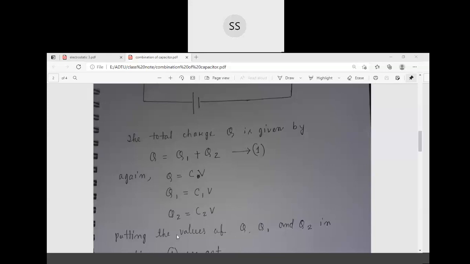What will be the value of Q1 then? Q minus Q2.